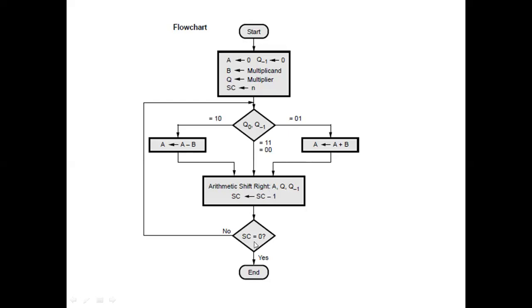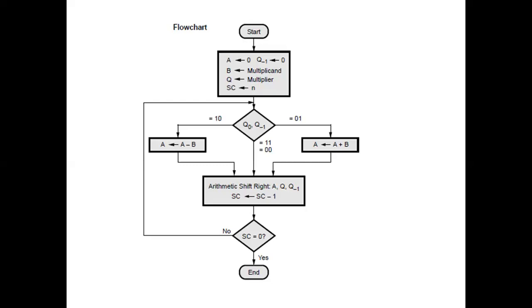Then based upon the sequence counter, it continues or ends. If it contains 0 1, it performs A plus B, which is stored in the A register itself, and then performs a right shift operation. Then based upon the sequence counter, it continues or ends. Like this, the operation is carried on. Finally, the end result is obtained by multiplying the multiplier and multiplicand.